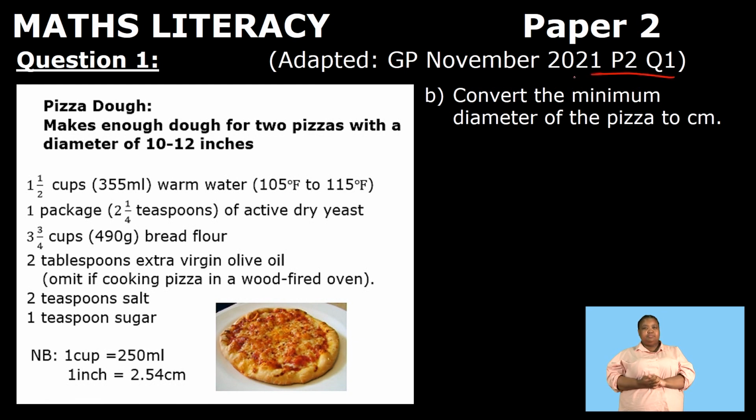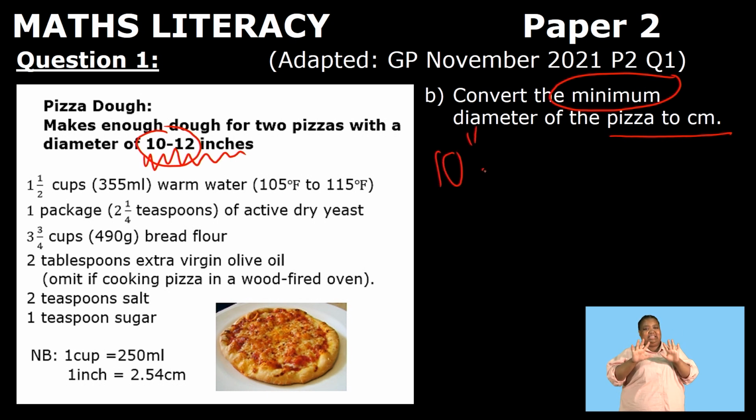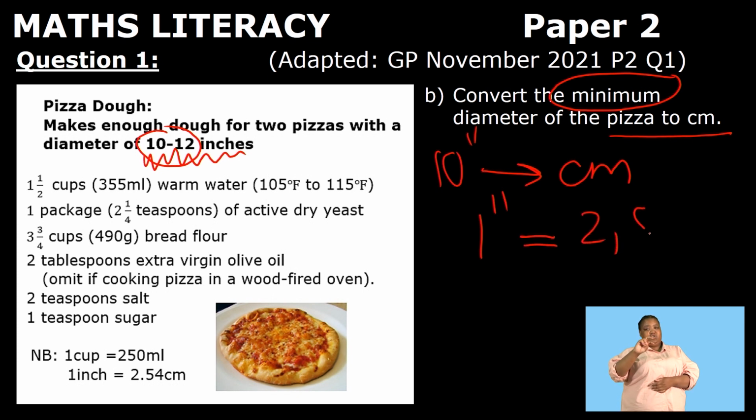Convert the minimum diameter of the pizza to centimeters. So now we need to make sure that we choose the correct one. They say it's 10 to 12, so the minimum will be 10 inches. And we need to take it to centimeters. Now, if we look at the conversion factor, 1 inch equals 2,54 centimeters.